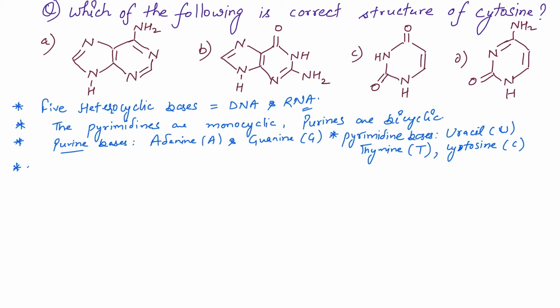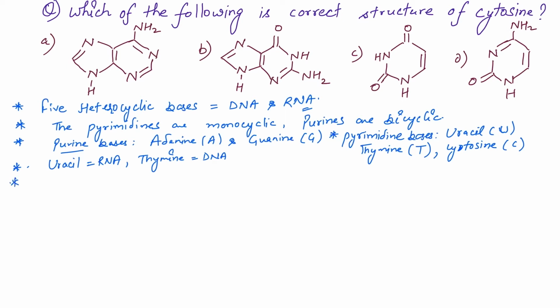Now how can we learn the purine bases? You can learn it by remembering AG, puri khani hai. So uracil, basically it is present in RNA only, and thymine, it is present in DNA only, while guanine, adenine and cytosine, they are found in DNA as well as RNA.